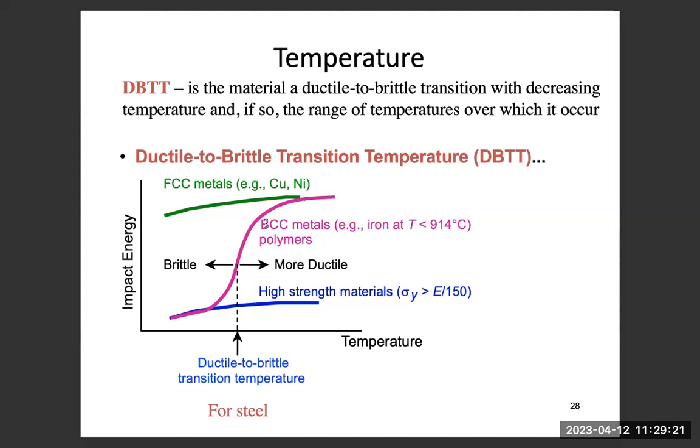That is why for BCC metals we have a distinct ductile to brittle transition temperature, but FCC metals are mostly deformed by edge dislocations, and we don't see any critical ductile to brittle transition temperature, or for high strength steels.